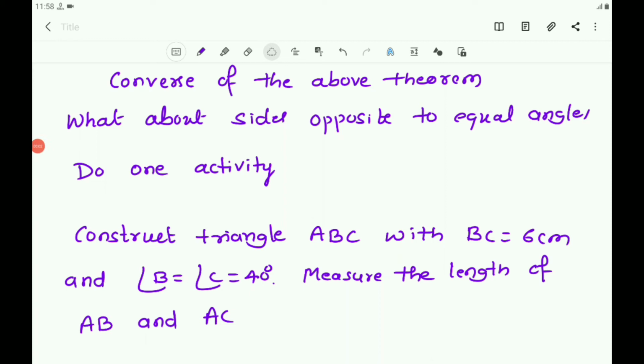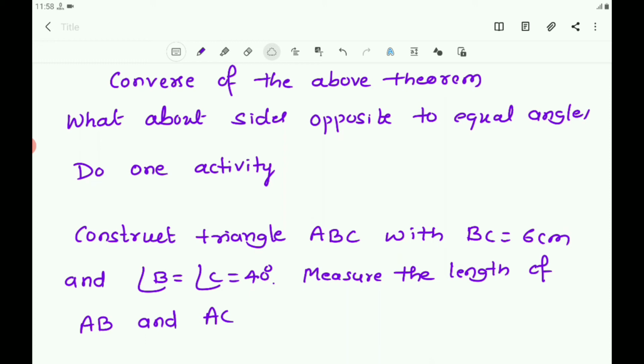So you do one activity. Construct triangle ABC with BC equals 6 cm and angle B equals angle C equals 40 degrees. Measure the length of AB and AC. Then you can observe that AB and AC are equal.